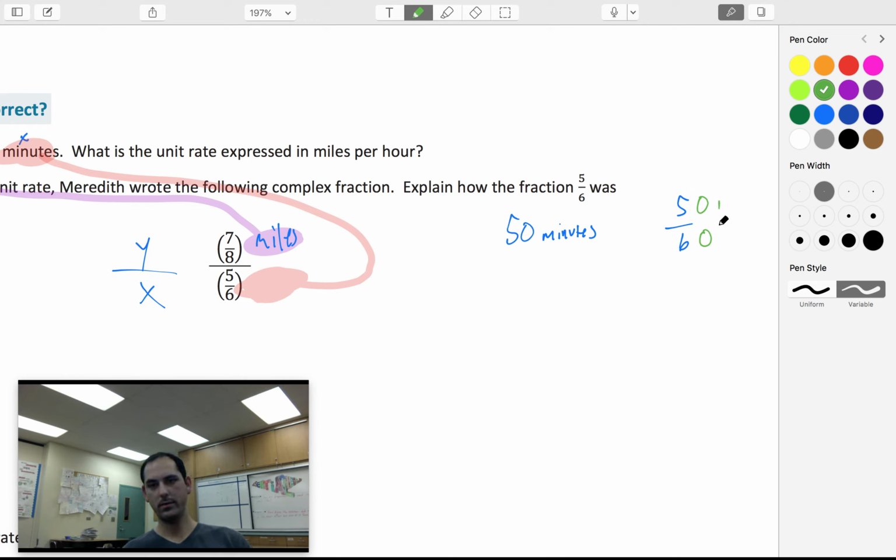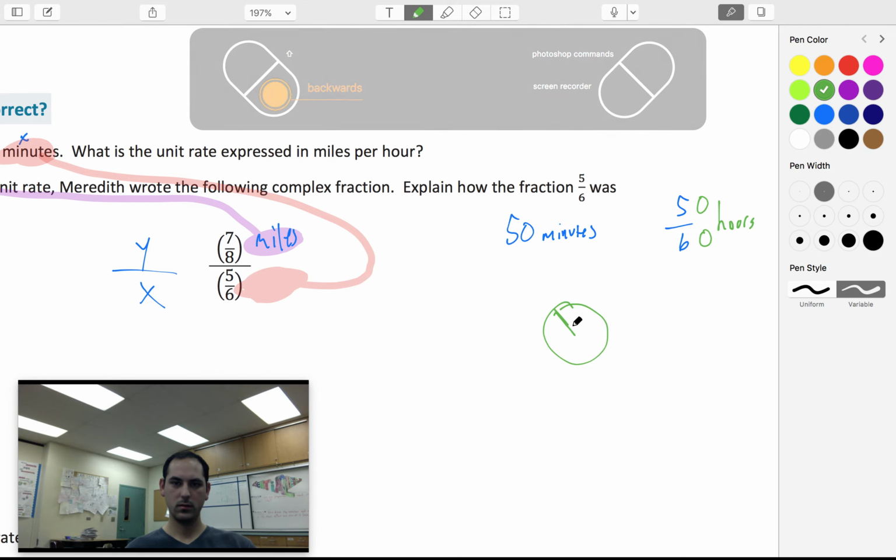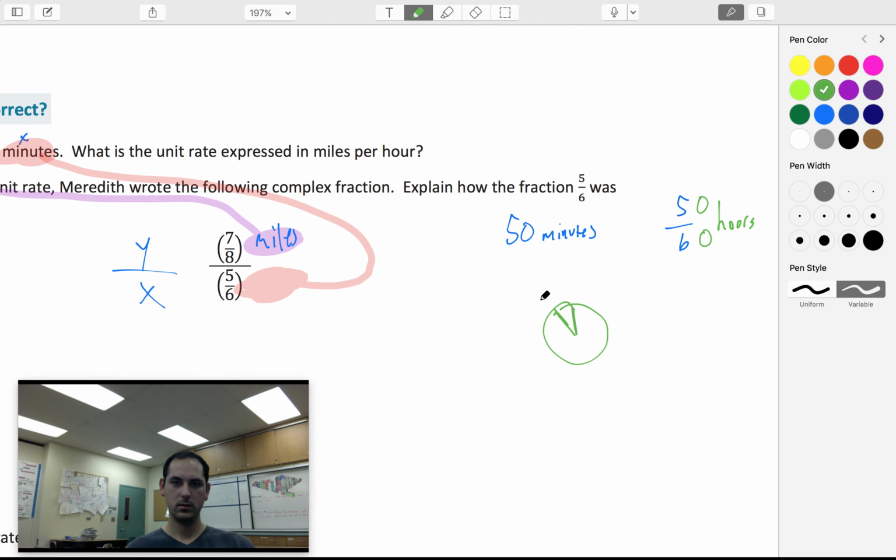Alright, hopefully you have this guess. This is what it represents. They're converting this to hours because basically if you draw a clock, this is at 50. That looks close enough. This is 50 minutes out of the 60 possible on your clock.